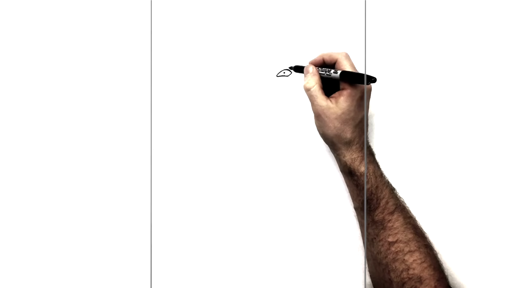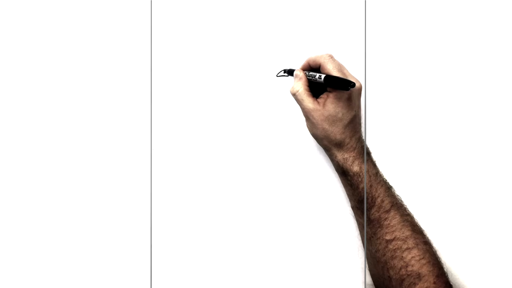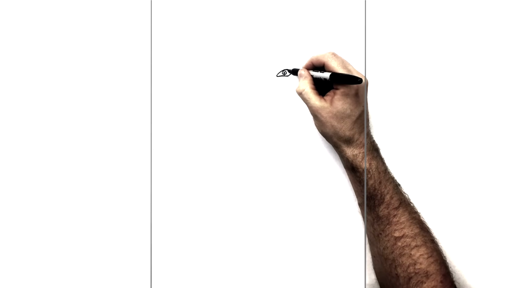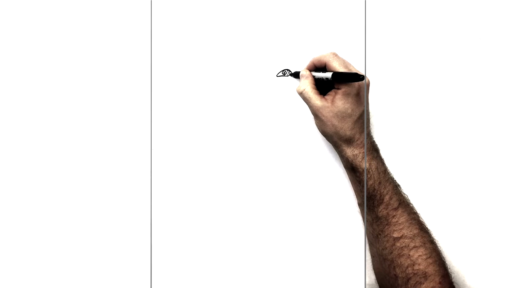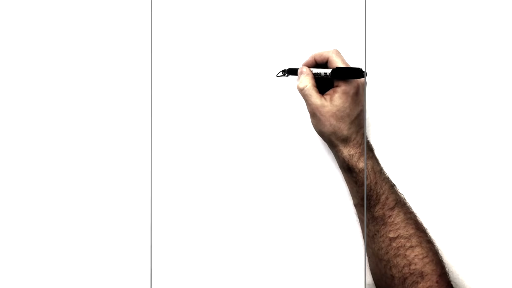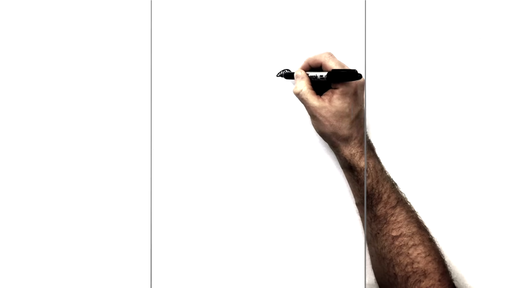So we have a circle going around his pupil, like so. And then we have two lines on this side, so one here, one here. And then 2 or 3 on the other side. So 1, 2, maybe one more just there.